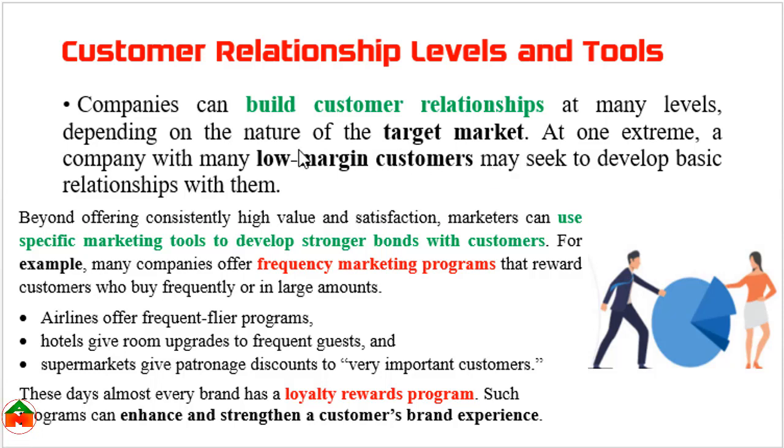The dissatisfied customer does not provide high profit; that means they provide low margin. In that case, the company should develop a basic relationship with them. But for satisfied and loyal customers, the company should maintain a good, strong relationship so that they can capture higher value from them.